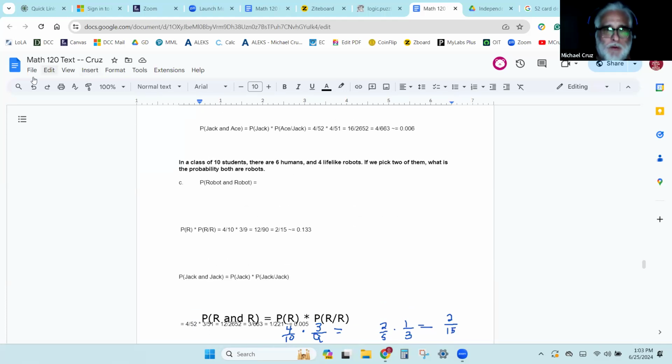And just always remember, pay attention to what they're asking about how they want it. Sometimes they say decimal, sometimes they say simplified fraction. I did it both here, and I rounded to 3. I think sometimes they say 4, sometimes they say 2. So watch what they're asking for, because that's part of the math, making sure you match up where to round off to, or whether to put it in a fractional form, because the fractional form is the exact answer.